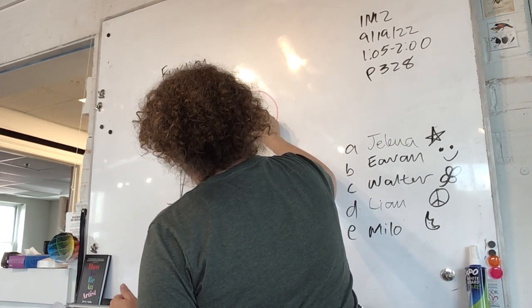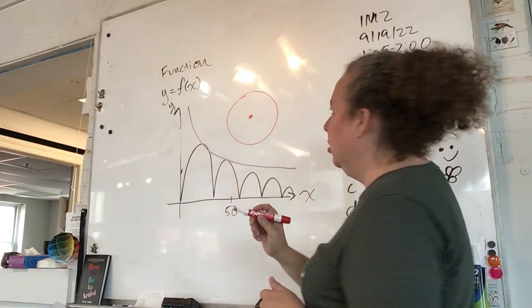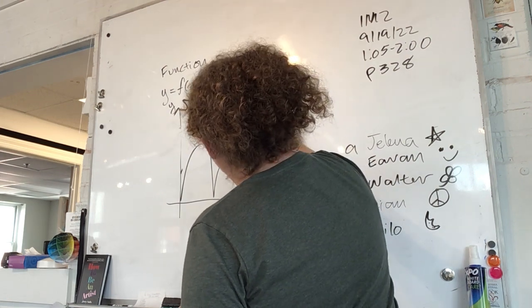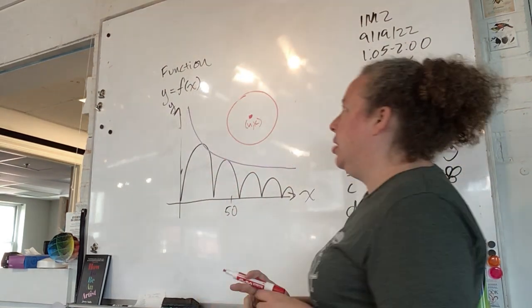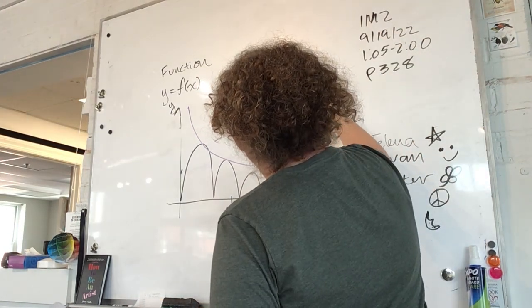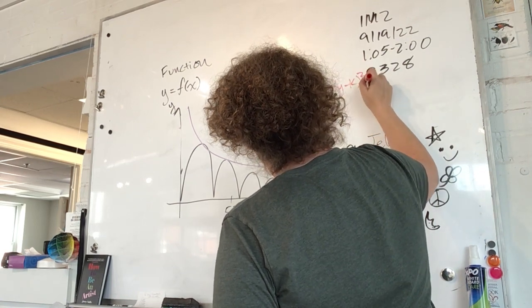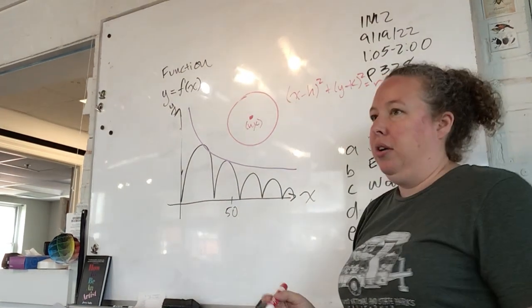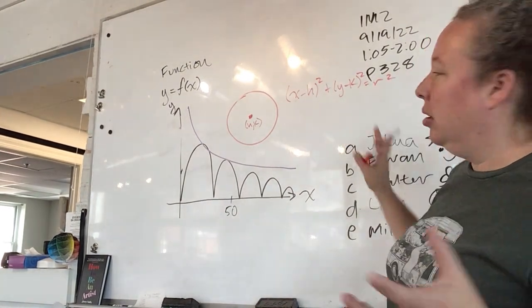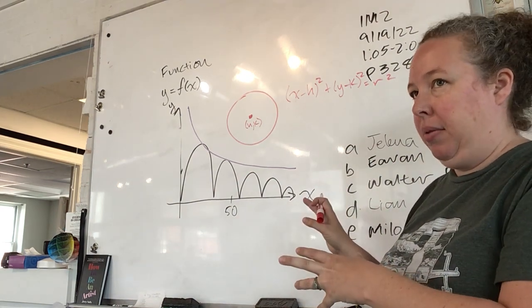If we know the coordinates of the center, we can also write the equation of this circle. We usually label the center of the circle h, k. But we can say that (x minus h) squared plus (y minus k) squared equals r squared. In other words, we can have the equation of a circle and graph it on the coordinate plane.